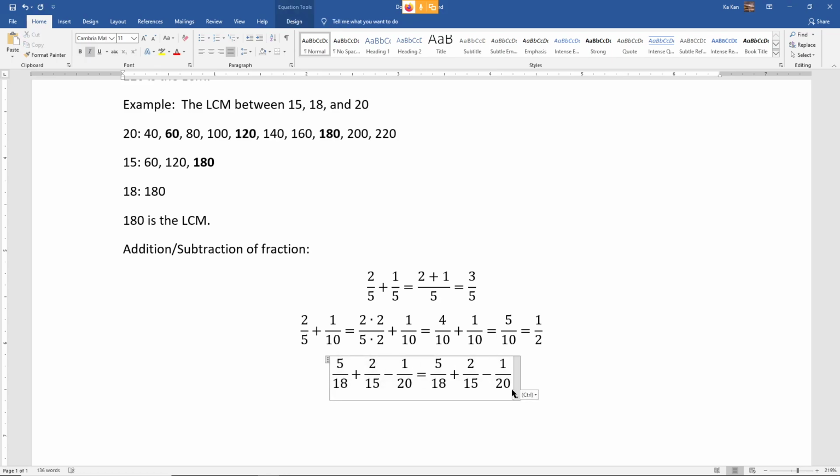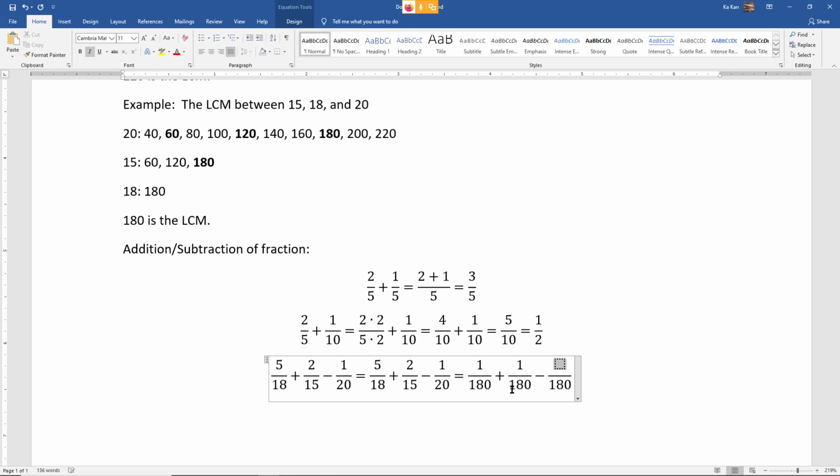So I need to do something so that it'll be 180 throughout the entire thing. So it'll be like this. So basically I need to do something to these guys so it'll be 180 for all 3 of those fractions. So you're like, well, what do I do?